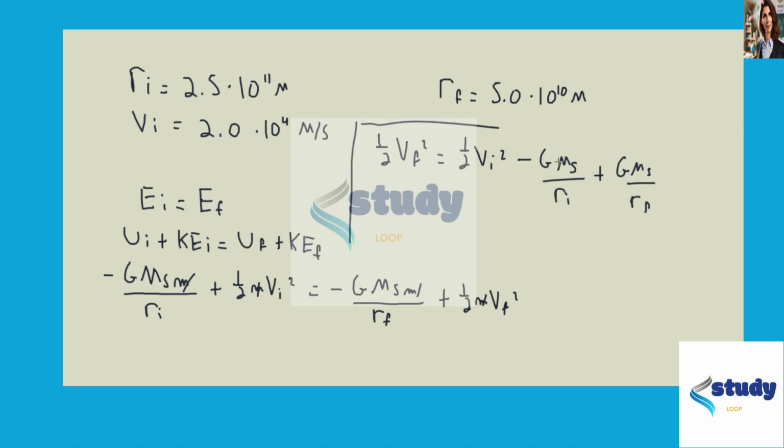So we'll factor out the G times mass of the sun and move this 2 and take the square root. So we should get then that v final equals the square root of v initial squared, and then we'll have plus 2G mass of the sun, and that'll be times 1 over our final minus 1 over our initial.